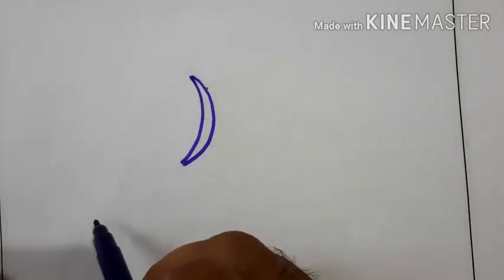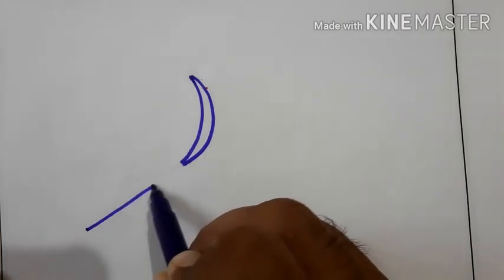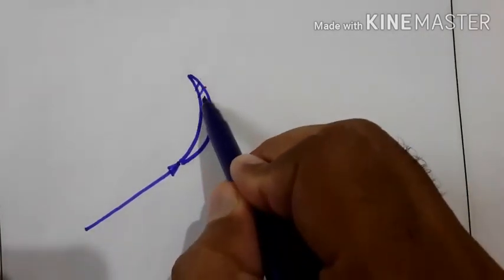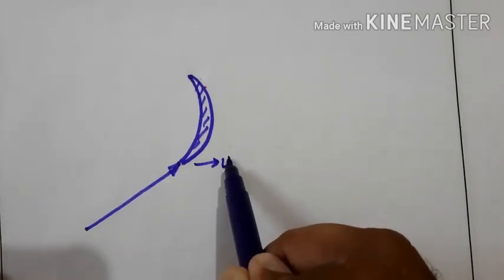So what happens here: when the fluid enters the vane, the jet is striking tangentially like this. This is the vane, and the vane starts moving in this direction.